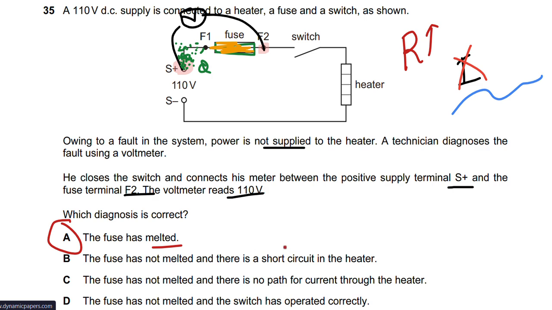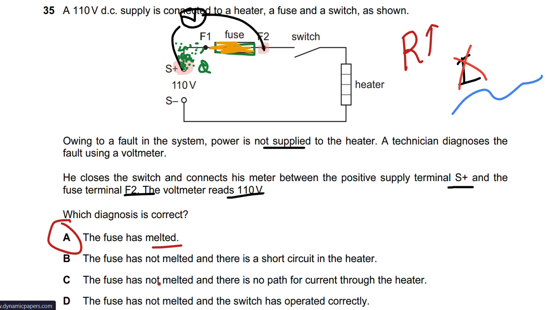Well, if you do have a short circuit in the heater, that would not cause 110 volts to be dropped across the fuse. The fuse would perfectly be intact even if there was a short circuit in the heater. That simply means that there would be huge amounts of current in the circuit itself, but that's actually also going to cause the fuse to melt, if you know your stuff.